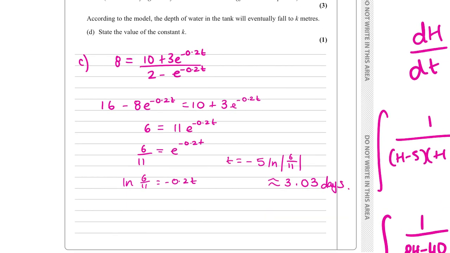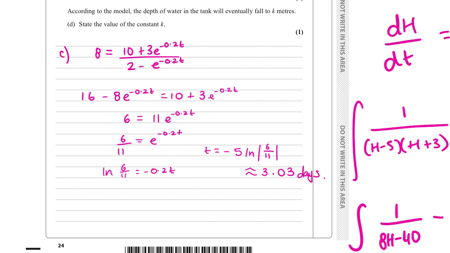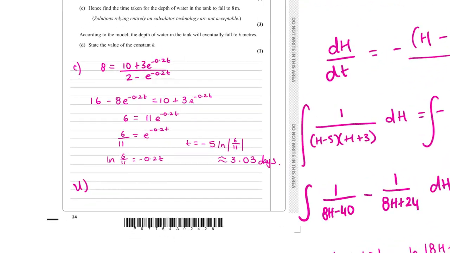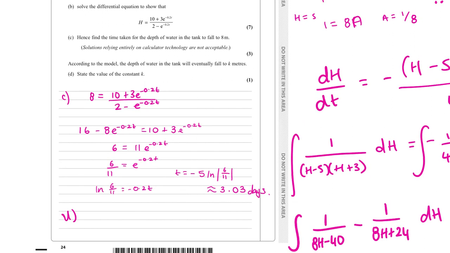Brilliant. And then part D says, according to the model, the depth of the water in the tank will eventually fall to k meters. State the value of the constant k. So it'll eventually go to a certain number of meters.